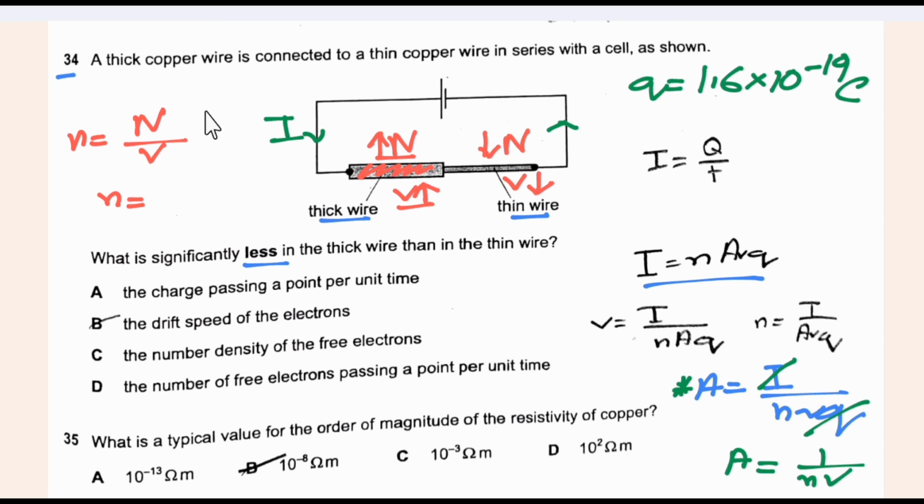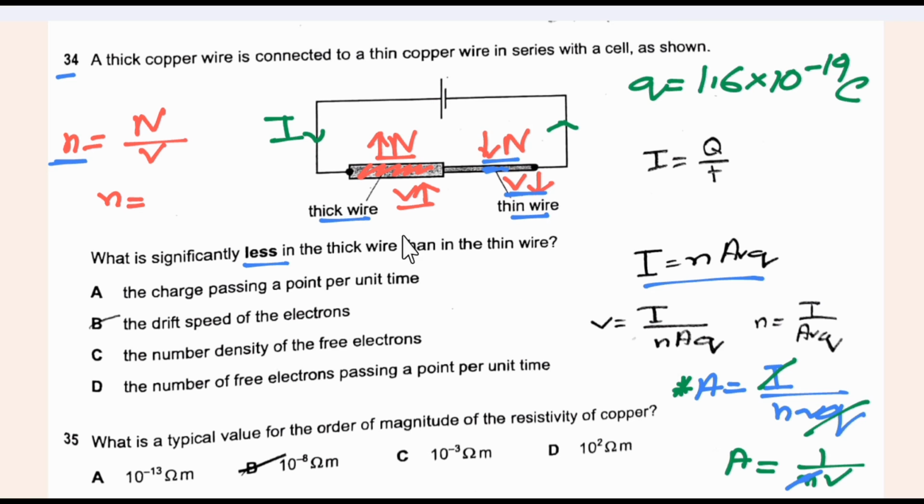Since the N value is more for the thick wire and the volume is more, these two cancel each other out and n basically remains constant. Again, for the thin wire, the volume is less and the N value is also less, so the small n value, that is the number of electrons per unit volume, remains constant.